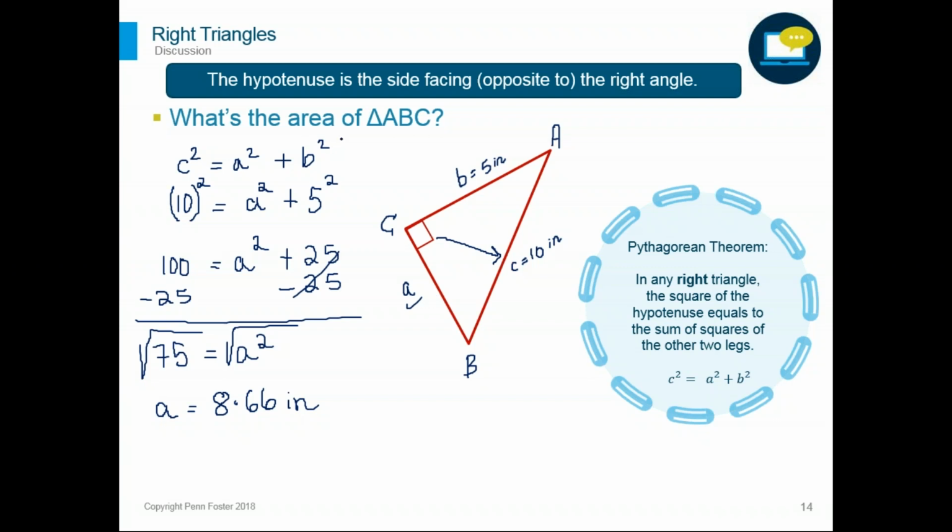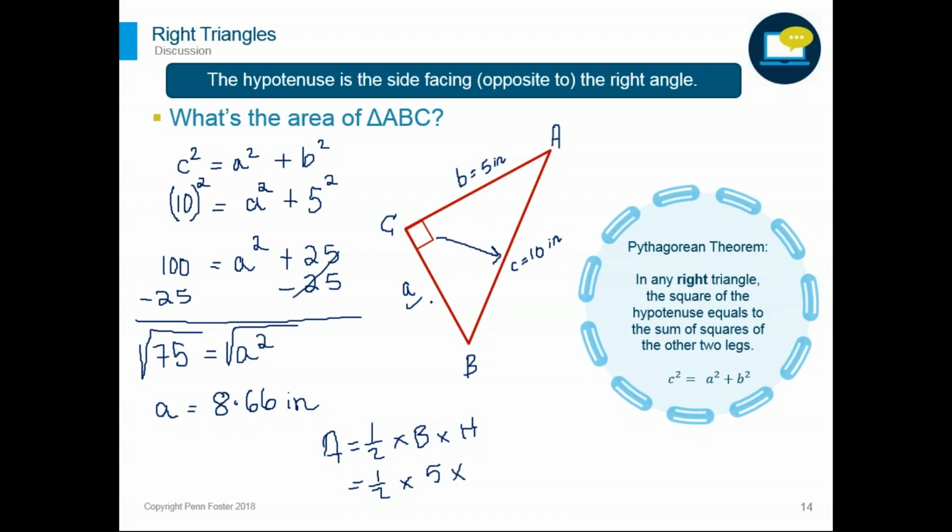Since the question is asking us for the area, we have the altitude and the base, then we can go with the easier formula. Area equals half times base times height, which equals half times, let's say that CA is the base, for example, so that would be 5.